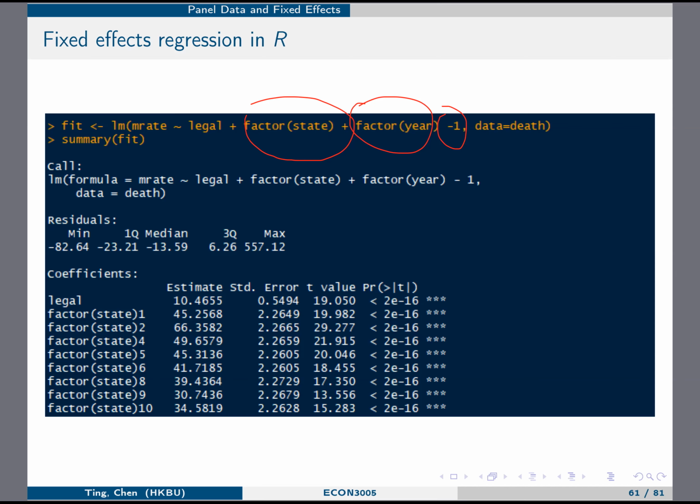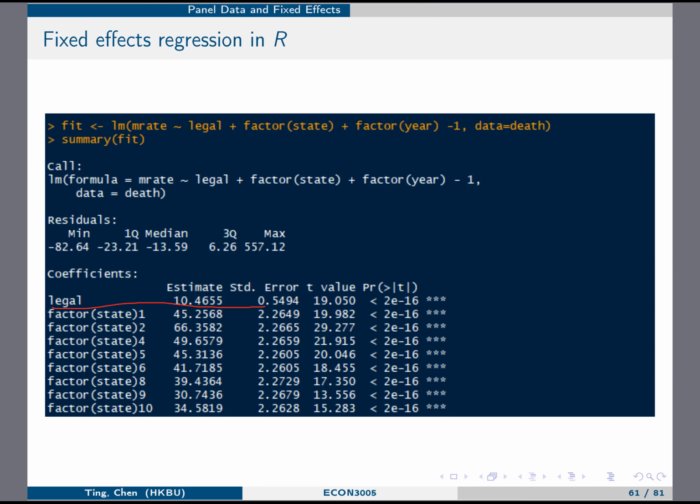So that would be the same. Either way, you have to have at least one degree of freedom. Again, all these betas we don't care about. What we care about is still the delta, the estimate of this legal variable.